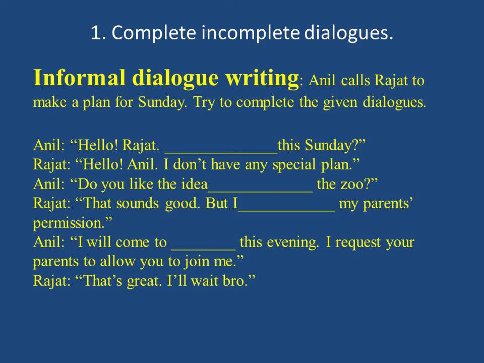Anil says that he will come to Rajat's house. He will request Rajat's parents for permission to go to the zoo. Now what happens? Rajat becomes happy. So now we have understood the situation well. Let's try to complete the incomplete dialogues.